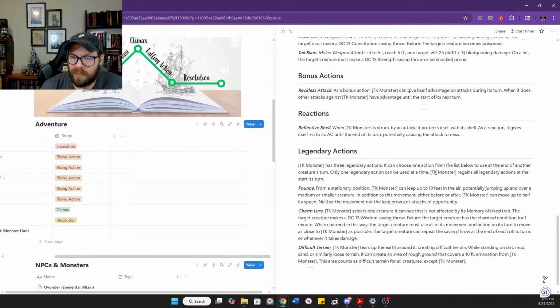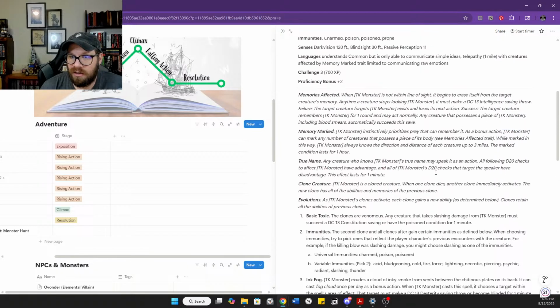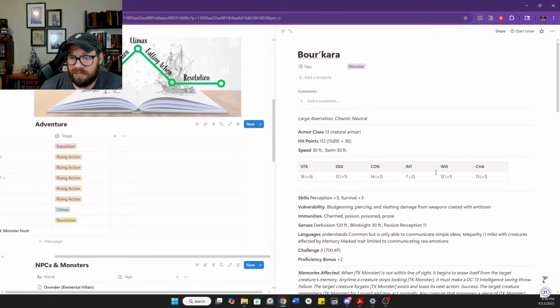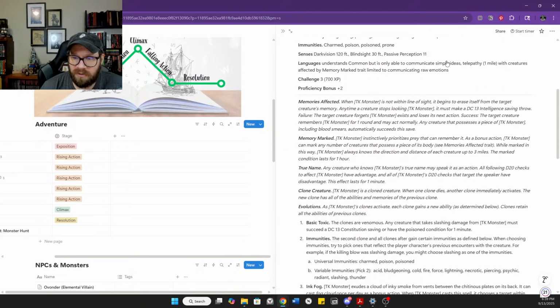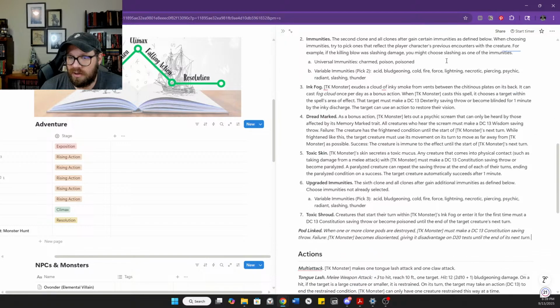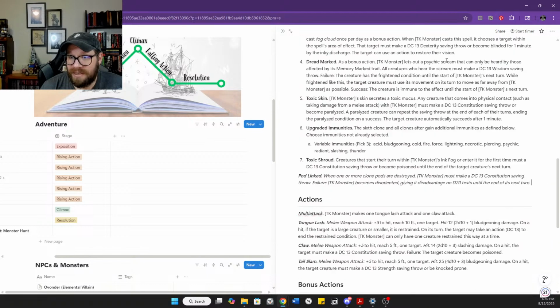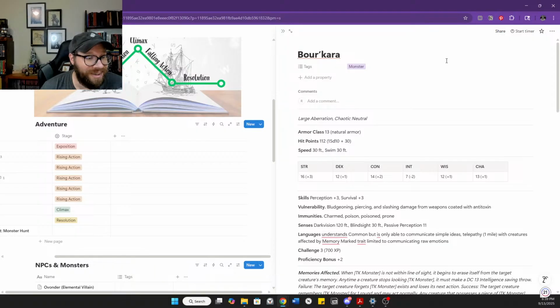Cool. All right. Well, that is our creature. I'm pretty happy with how this turns out. I would be very excited to run this thing, and see how it holds up. That being said, to run it, we need an adventure to run it in.